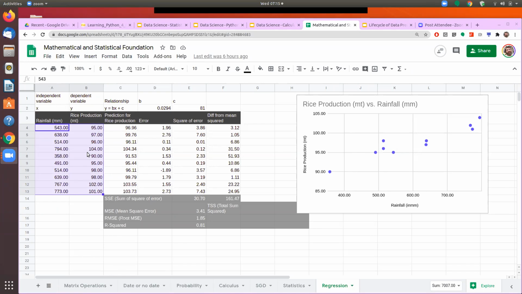If you see this data set intuitively, you can see that in the years in which the rainfall is higher, the rice production also tends to be higher, but not always.